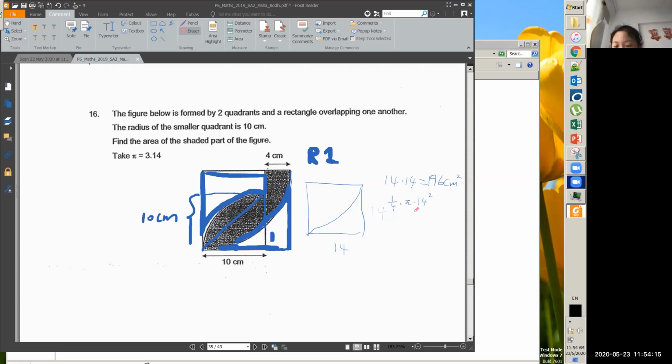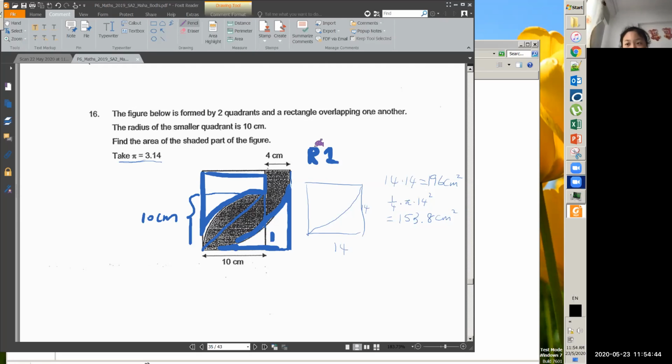1/4 pi r squared. Help me out with a calculator. Should pi be 3.14? Yeah, the question says 3.14. 153.86. Okay.